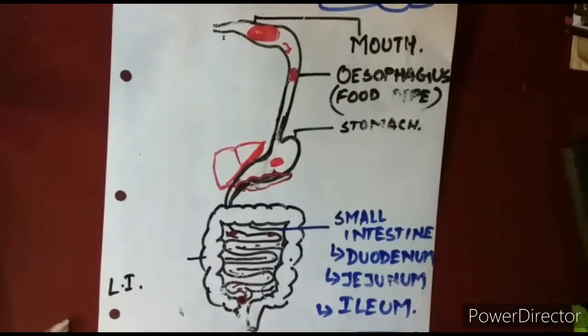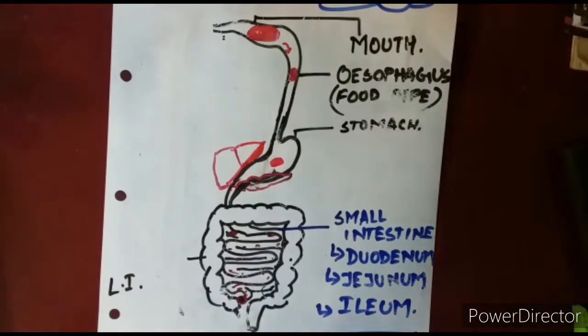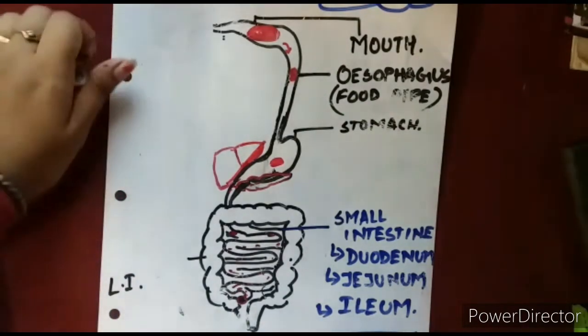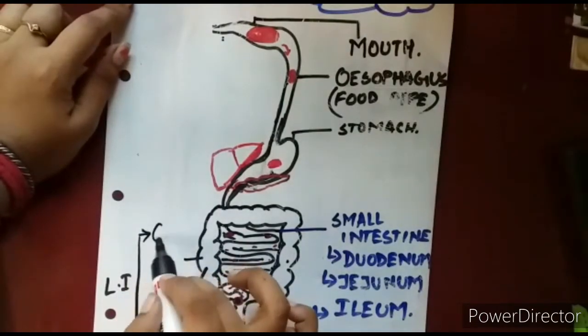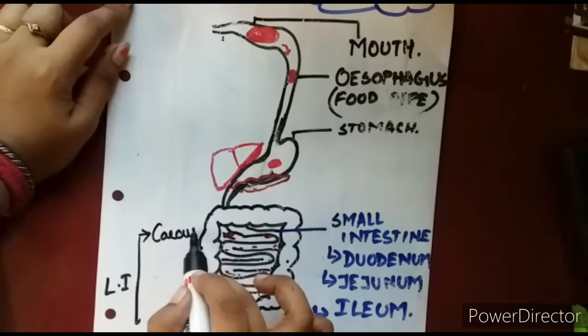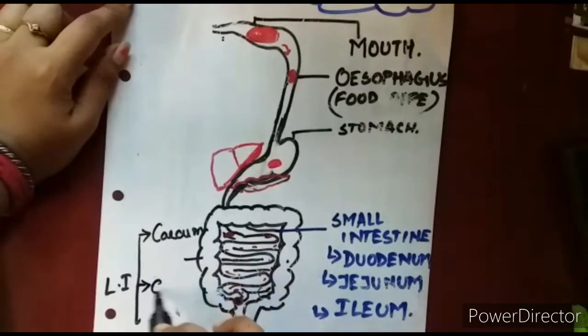It is divided into 3 parts, and then I will be telling you the sub parts of it. The first one is cecum, colon and rectum.